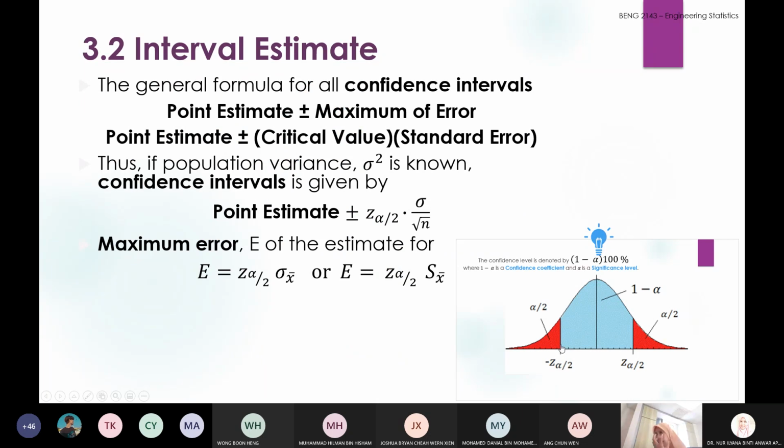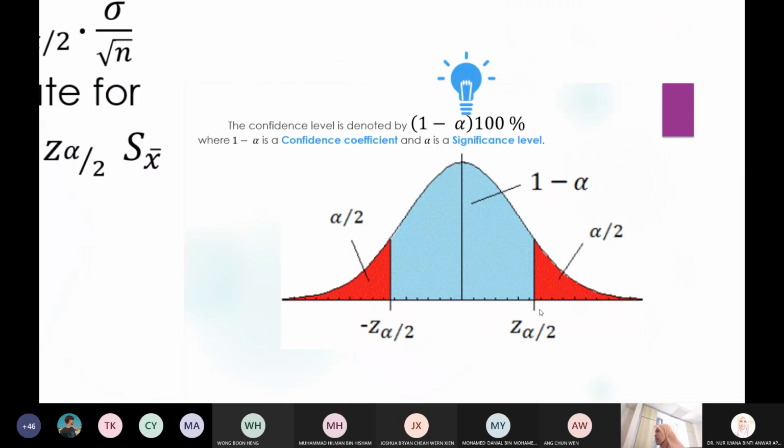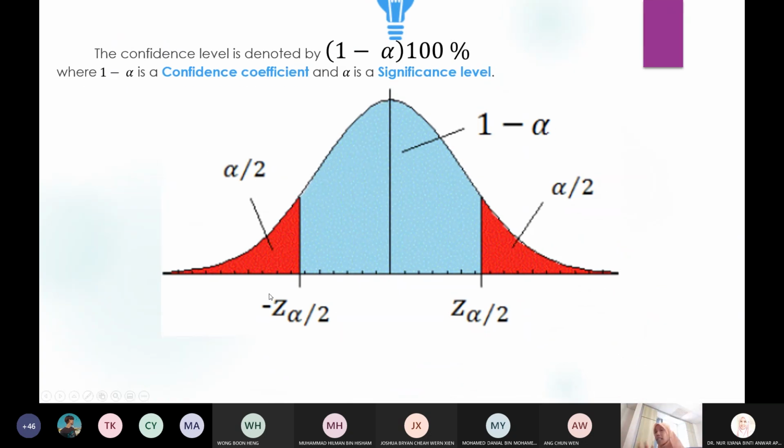I'm hoping you still get the idea of why there is a critical value, what the critical value actually is, and how it relates to the standard normal curve.